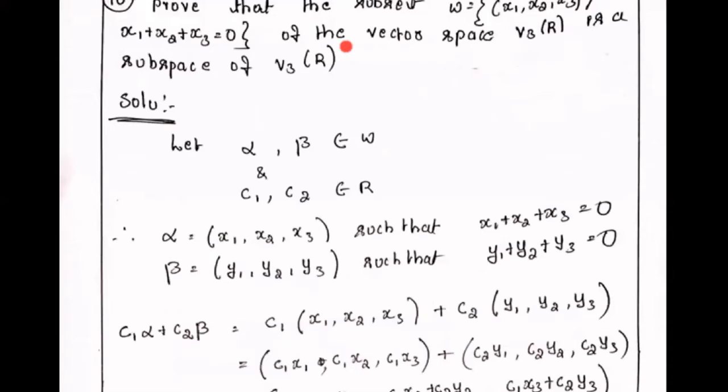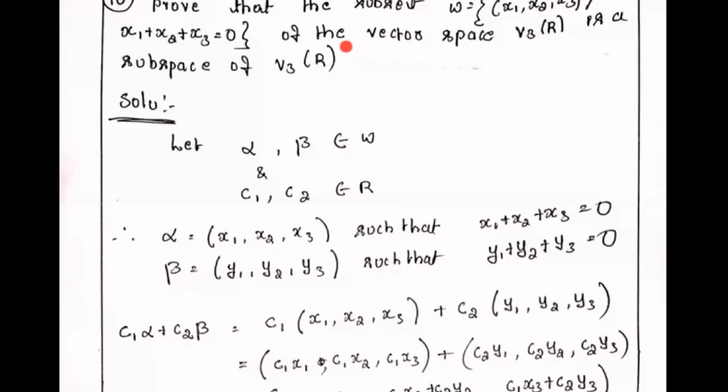So what you have to prove is whether W is a vector space or not. Whether it is a subspace or not, that is what we wanted to prove. In order to prove whether W is a subspace, two conditions you have to follow. One is addition, another one is multiplication with the scalar.